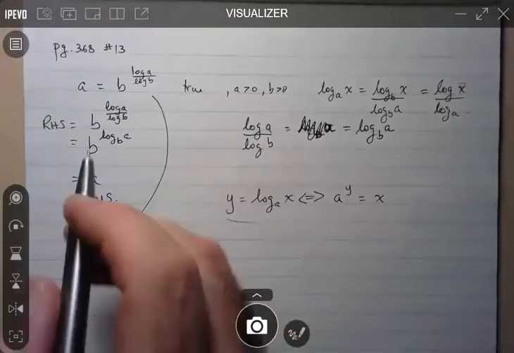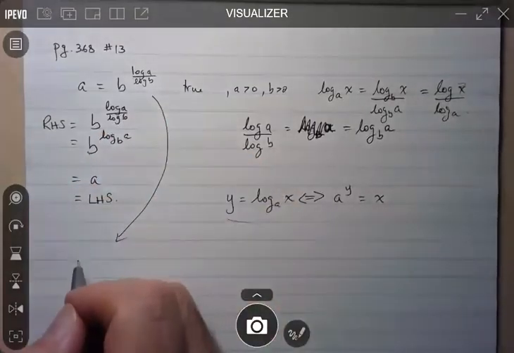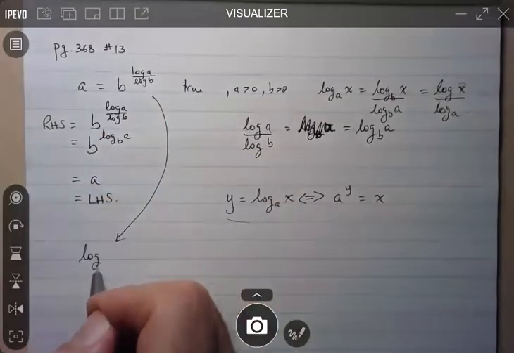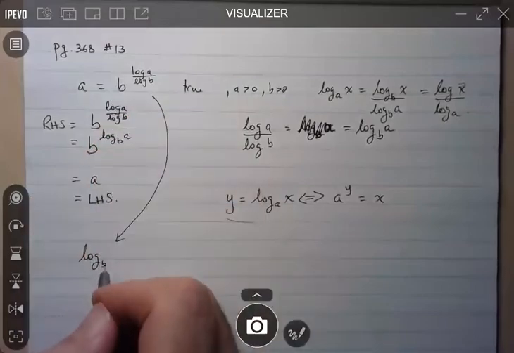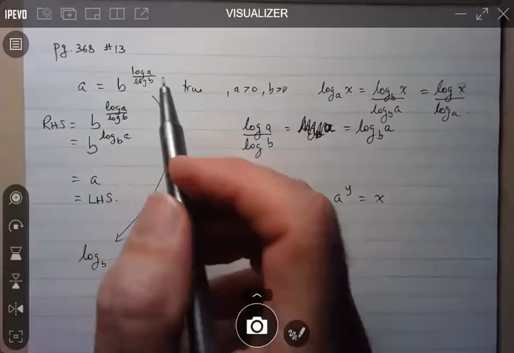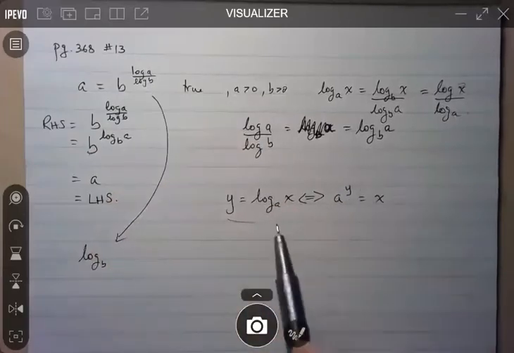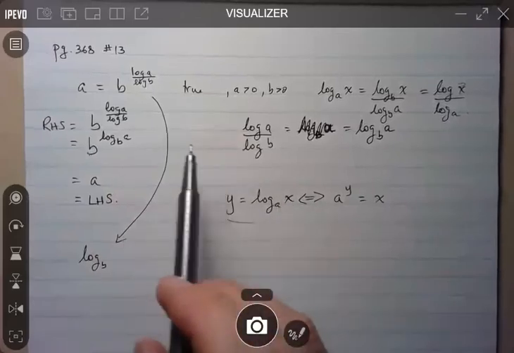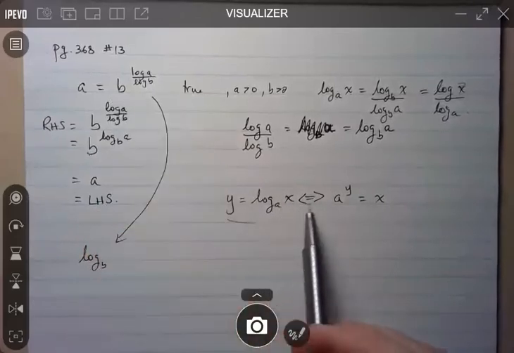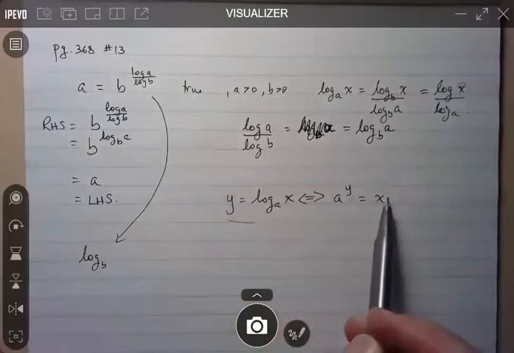Well, here, remember that this represents the base of the logarithm. So the base is b. This represents the base. The thing inside the logarithm represents the result.